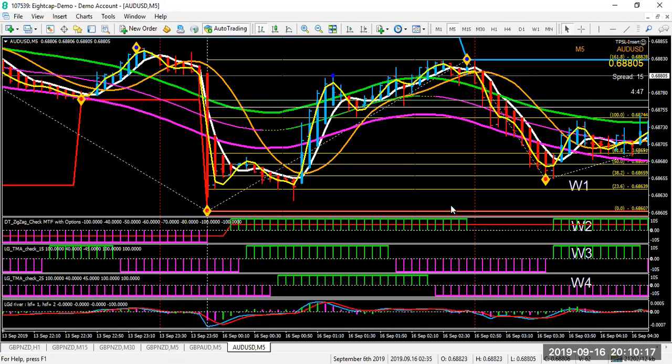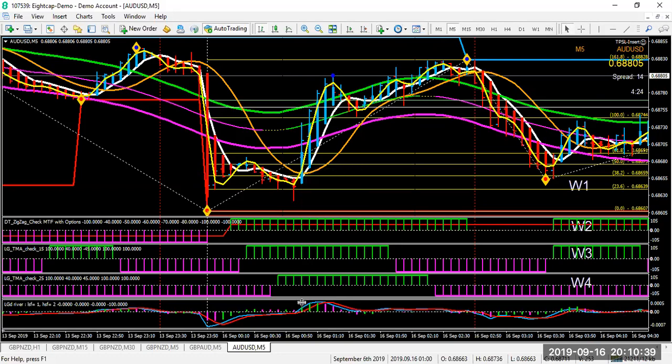So yeah, over here, the line crossed above, and due to the amount of filters that the LG River does have, it probably would have liked to draw a vertical line but couldn't.